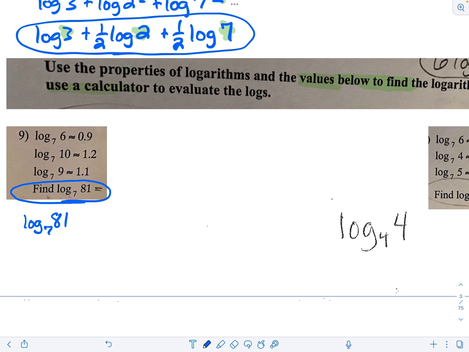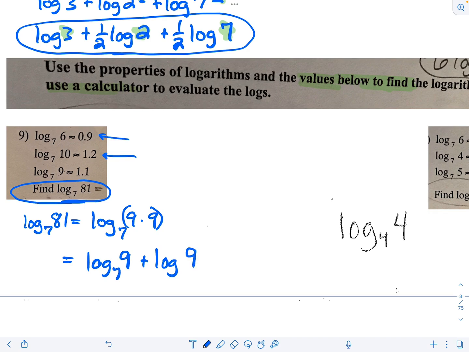Now there might be another way to do it. Maybe, are these red herrings here? Do I need to use the log of 6 and log of 10? Maybe you're seeing something that I don't. I'm seeing the log of base 7. 81 is 9 times 9, or 9 squared. And I'll say that is the log of 9 base 7 plus another one, the log of 9 base 7.